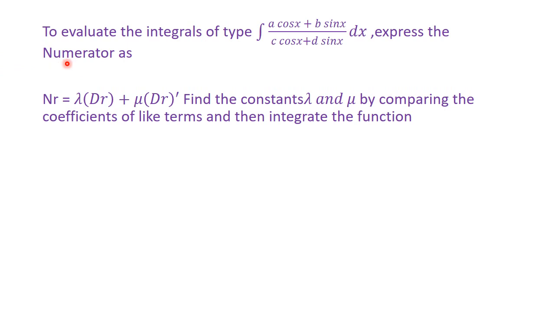Now there is one more result, or some integrals of this type. What is that? There are some integrals of the form a cos x plus b sin x upon c cos x plus d sin x into dx, and such integrals can be evaluated by first reducing the numerator to this form. What is that form?